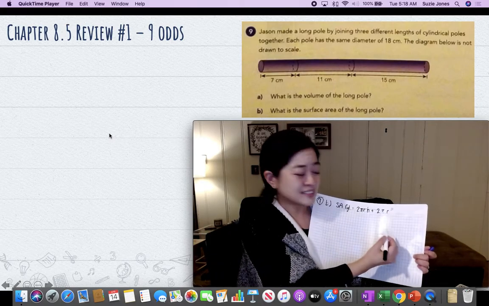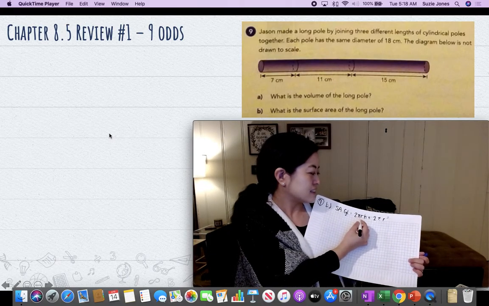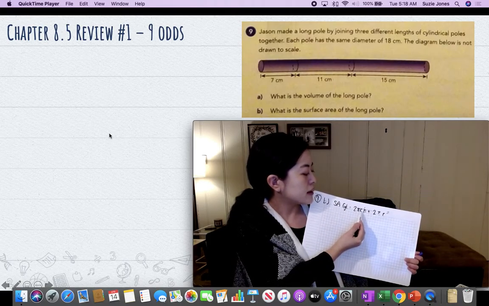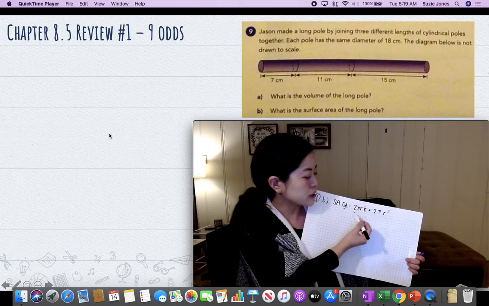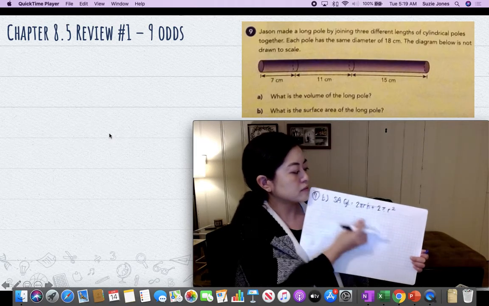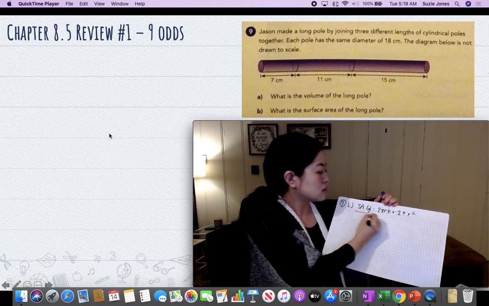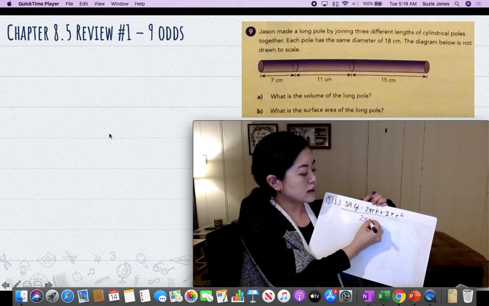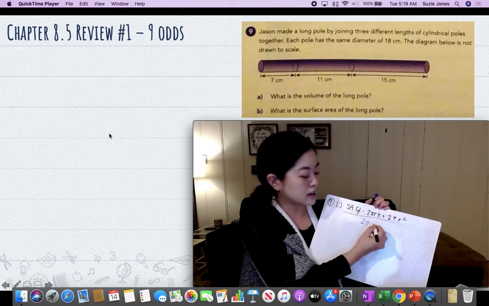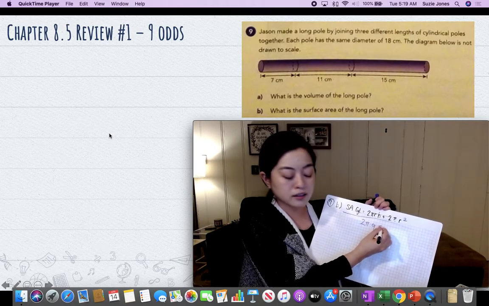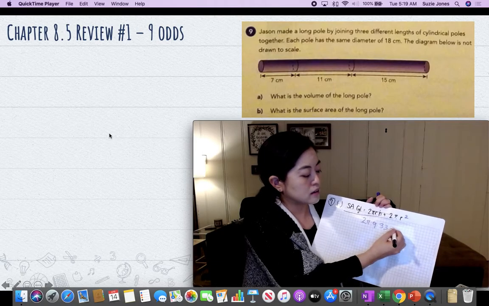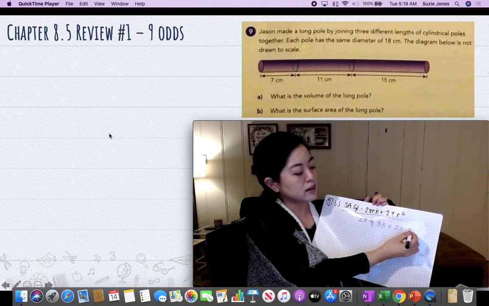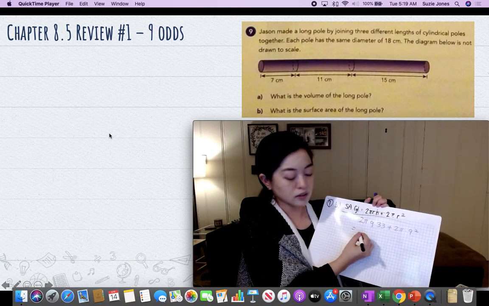Okay. So let's see. I recall that the surface area of a cylinder is 2 pi r h plus 2 pi r squared. Can you see the squared here? And so I'm going to input my values of what I know. So 2 pi, and then r is 9, and then the height is 33, right? Plus 2 pi, and then r is 9 squared. All right.